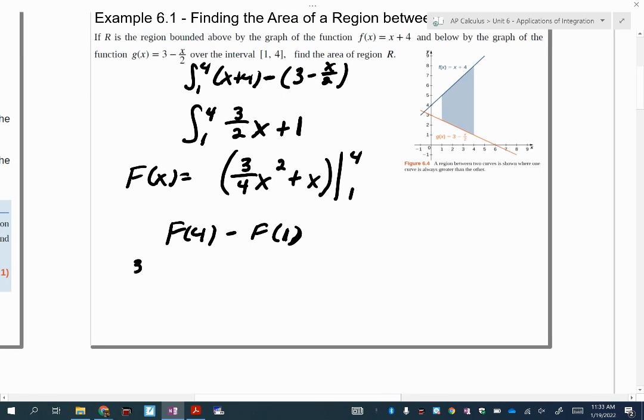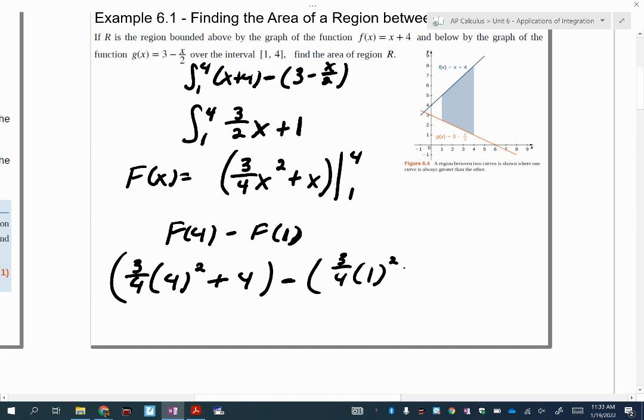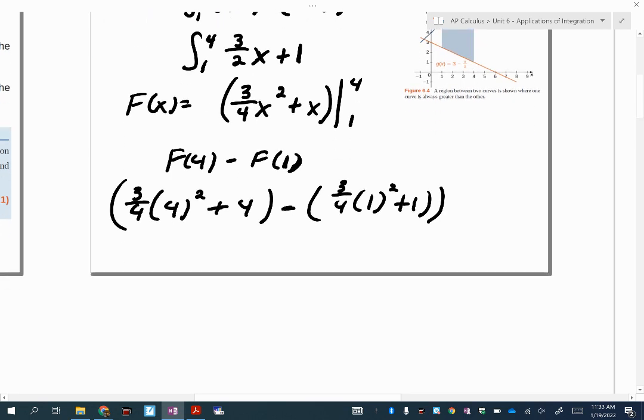So that's going to be 3/4 times 4 squared plus 4, minus 3/4 times 1 squared plus 1. Again, feel free to go to Desmos at this point. I'm going to try to do it mentally for you. 4 squared is 16. 16 divided by 4 is 4. 4 times 3 is 12. 12 plus 4, that's 16.